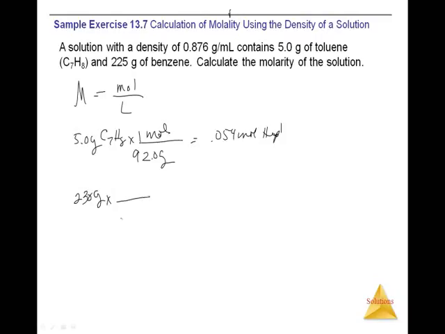And it gives me the density, so I can use that density to figure out the volume. 0.876 grams is 1 milliliter. And I'm going to go ahead and get this to liters, and 1,000 milliliters is 1 liter. So this is going to give me 0.263 liters.